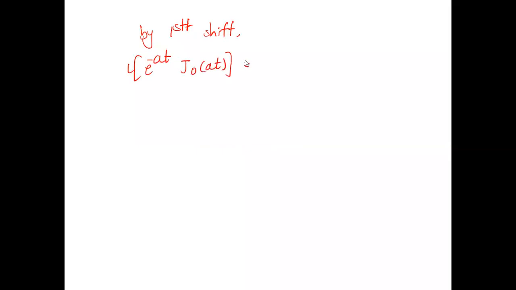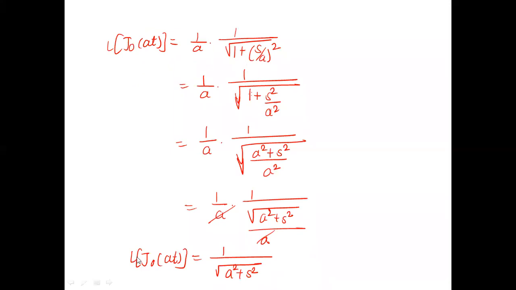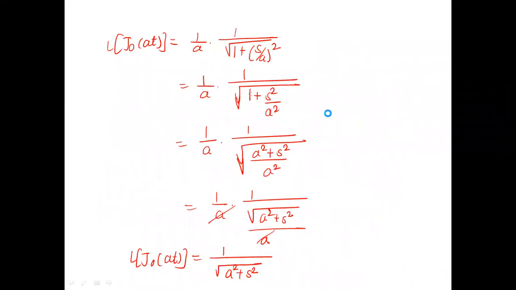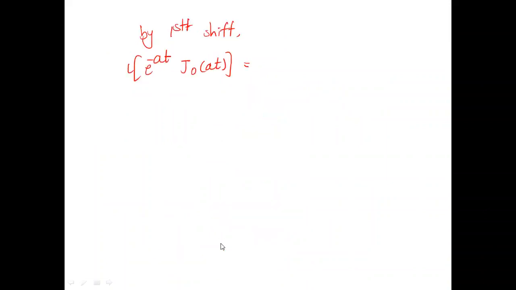And what will happen on the other side then? If we multiply by e raised to minus at to your function, the answer will have s plus a everywhere, right? So this is what we have, j naught of at. On this, if we multiply by e raised to minus at, wherever there is s, it will be what?